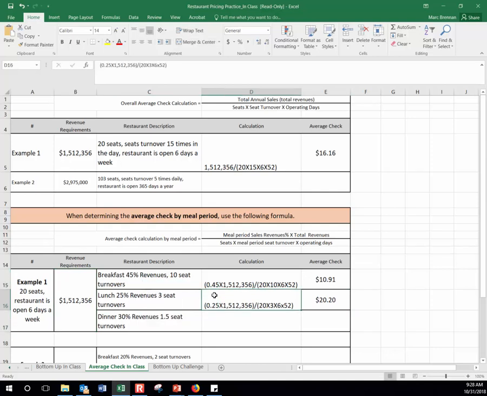based on the fact that only 25% of my revenues come from lunch and my seats only turn over 3 times. And then lastly, we would go 0.3. Okay, so 30%, sorry, so 0.3 times my revenue requirement.